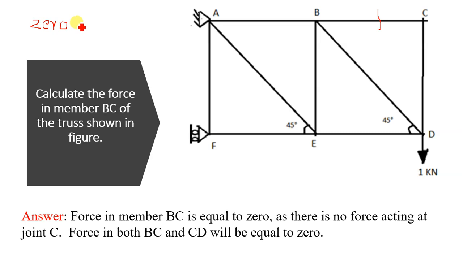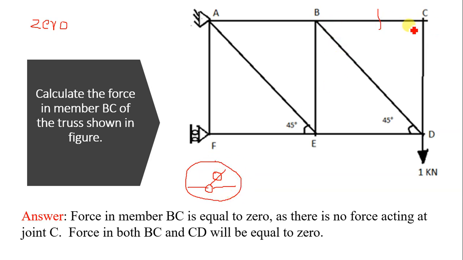First condition is if two members are connected at a joint and that joint is not carrying any load, and the members are non-collinear, then the forces in both the members are equal to 0. And the second condition is if three members are connected at a joint like this, of which two are collinear and there is no force acting at the joint, then the force in the third member is equal to 0. So this condition is applicable for three members connected at a joint.